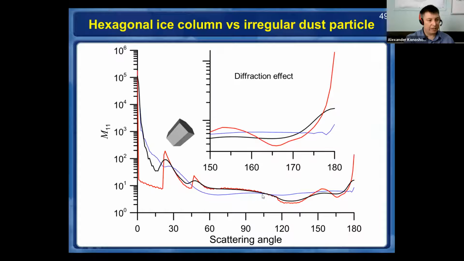And to compare, this is the backscattering enhancement of a regular particle. This is the corner reflection effect, which provides infinite intensity in geometrical optics. So this is a backscattering enhancement due to this corner reflection shape. So it's comparable here.